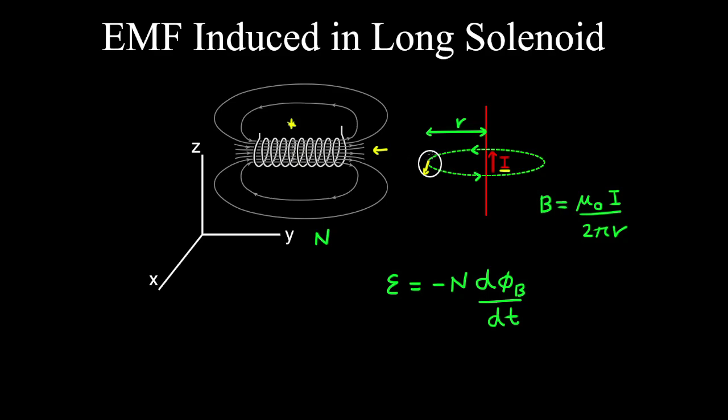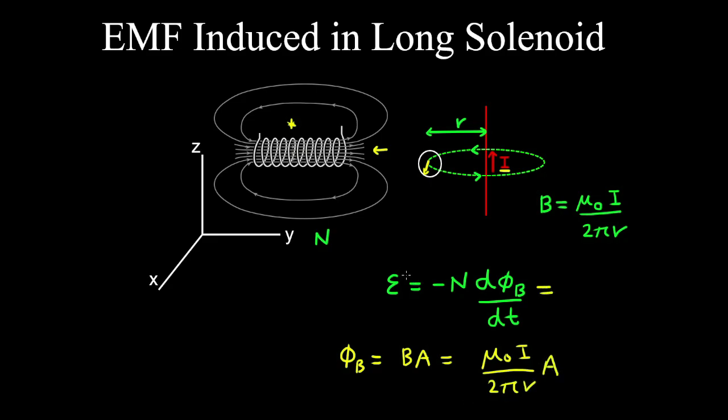So the magnetic flux through the loop, where the loop has an area A, is equal to B multiplied by A, which is mu naught I on 2 pi r times A.